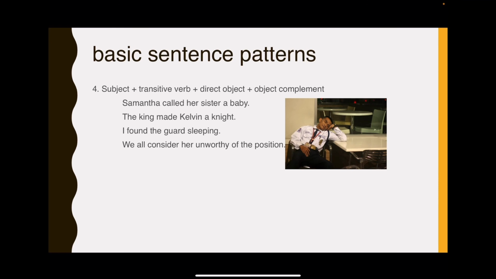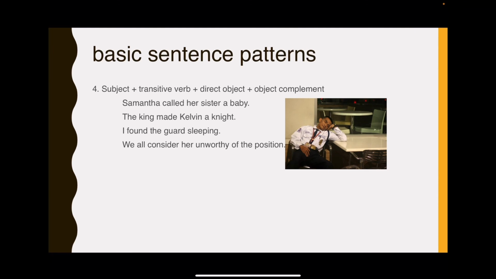Or another one, "The king made Kelvin a knight." The king made Kelvin a knight. So we have the king as the subject, made as a transitive verb, and Kelvin as the direct object. But the words "a knight" are the object complement, which is about Kelvin.